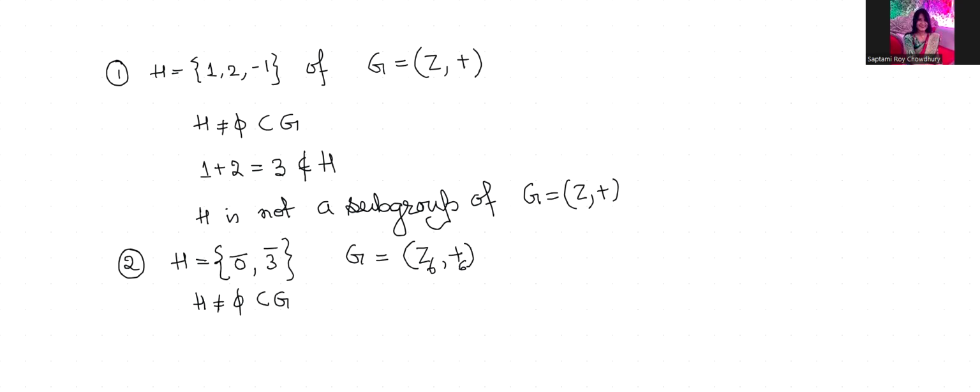Now, take two elements: 0 bar plus 3 bar is equal to 3 bar. 0 bar plus 0 bar, again it's 0 bar. 3 bar plus 3 bar, as this is modulo 6, first you have to add, the addition is 6, 6 divided by 6, remainder is 0. So, all these sums belong to your H.